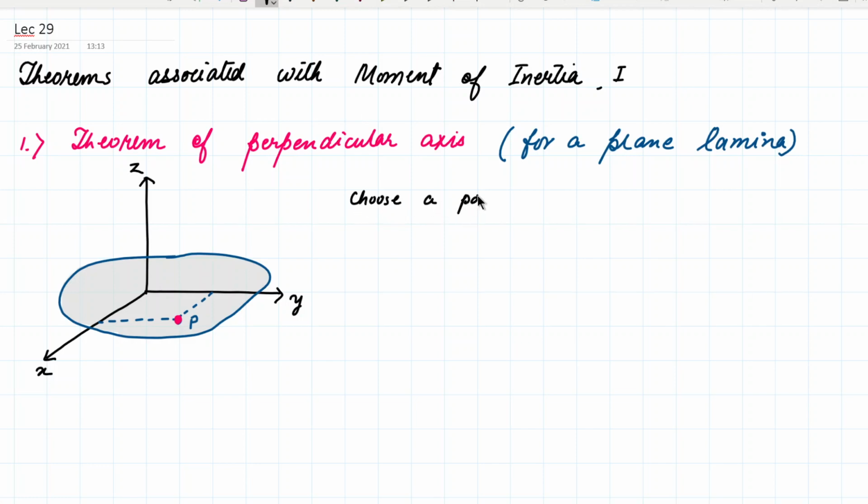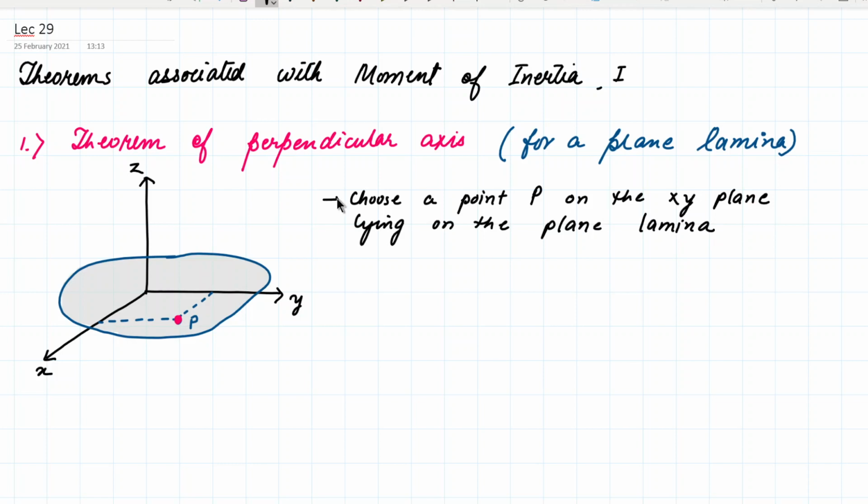Choose a point P on the xy plane lying on the plane lamina, and having mass mi and coordinates xi, yi.